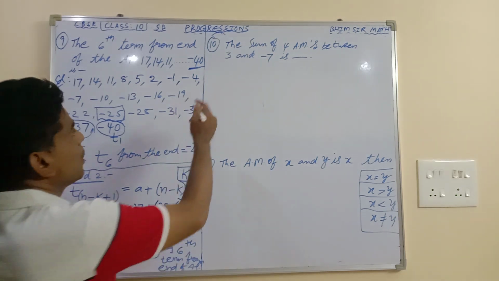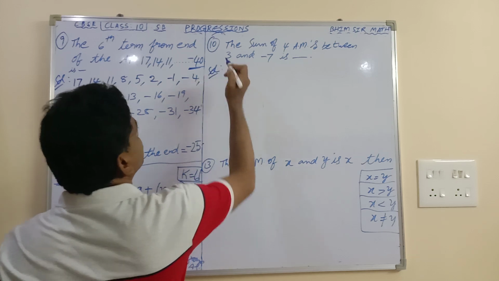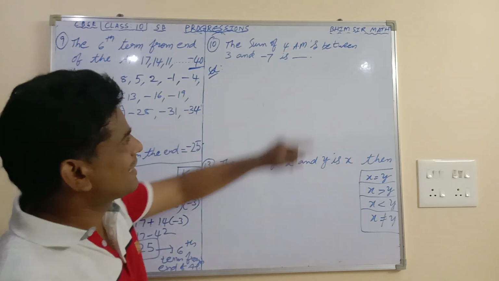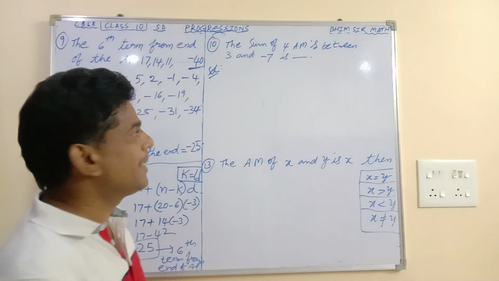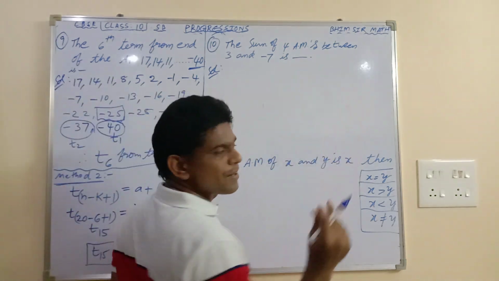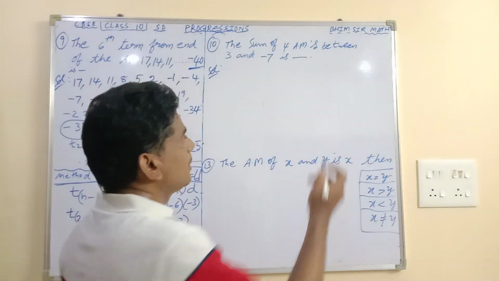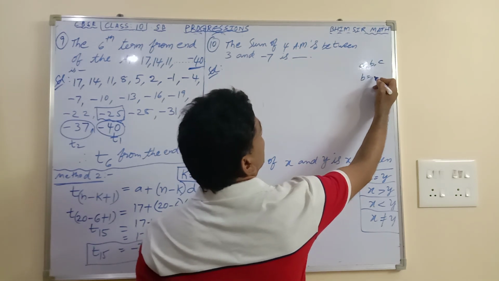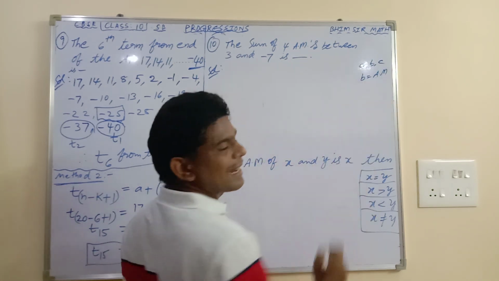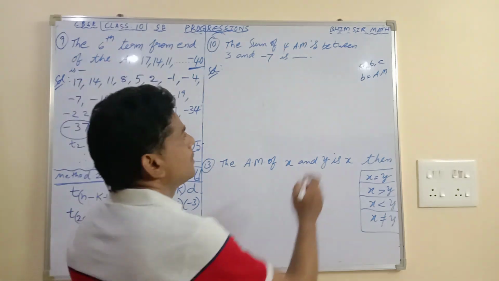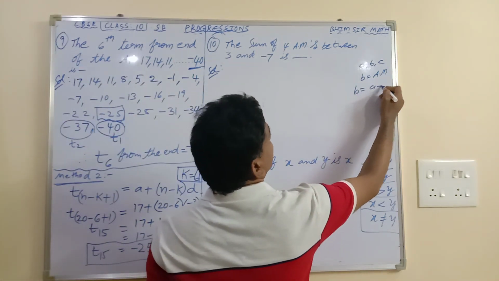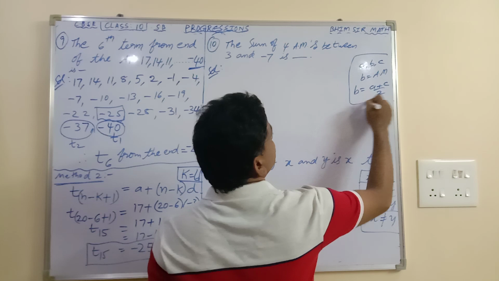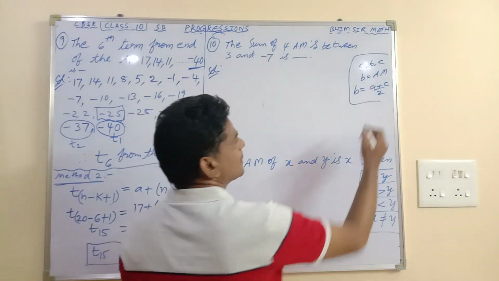Right. Now, the 10th question: the sum of 4 arithmetic means. AM means arithmetic mean. Suppose 3 numbers are in arithmetic progression. If A, B, C are in arithmetic progression, B is called the AM, the arithmetic mean. So B equals (A + C) by 2, you know. This is the formula. Let us see.